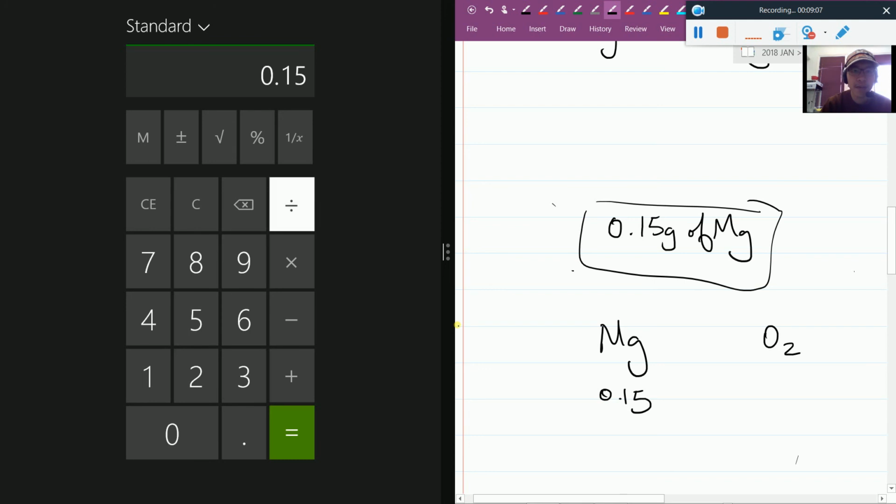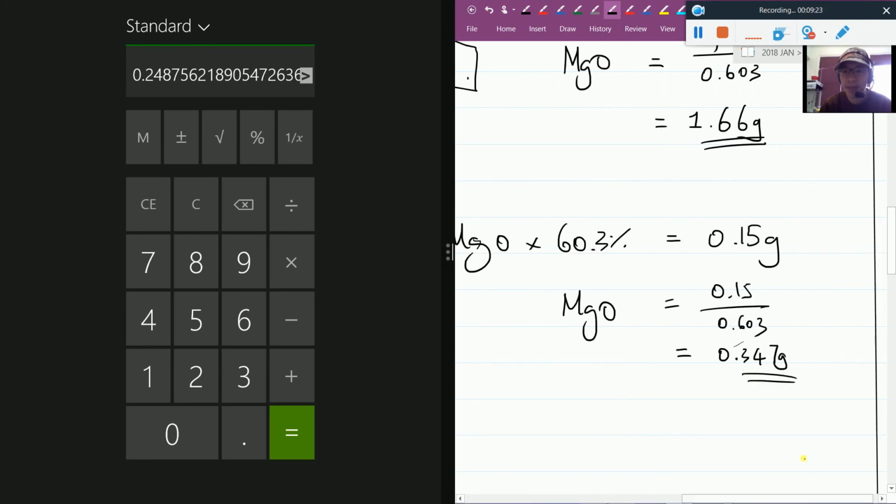0.15 divided by 0.603. 0.248. Oh, something's wrong with my calculation. It's 0.249. So that one should be 0.249 instead.